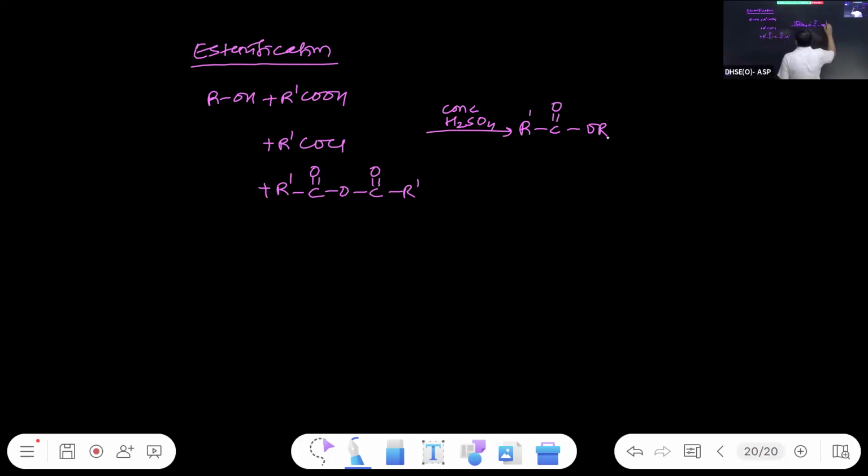Here it will be water in the first case, second it will be HCl, third it will be R-COOH. Complete.